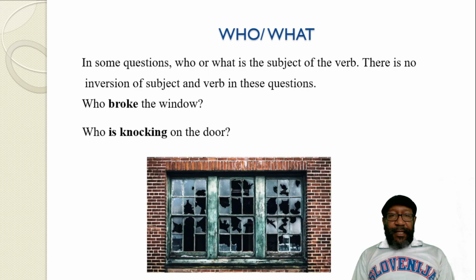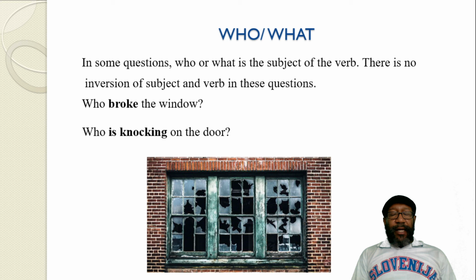And here in some questions, who or what is the subject of the verb. There is no inversion of subject and verb in these questions. So when the answer is the name of a person or the name of a thing, you don't need to invert. You have just to put the verb in the tense you want.